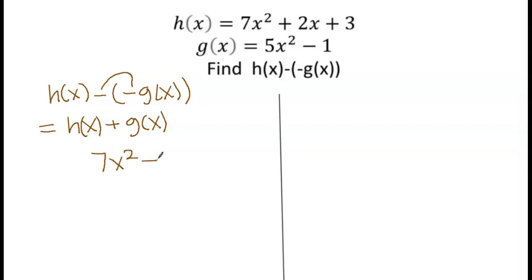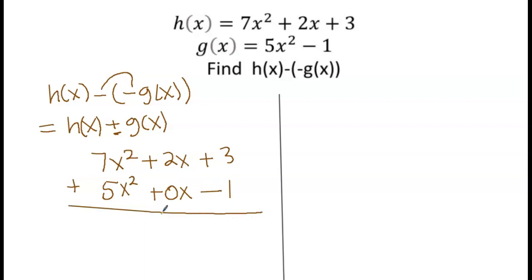7x squared plus 2x plus 3. That's the h of x. And then here is plus 5x squared. Here it doesn't have any value for the x, so you can insert 0 if you want, or you can leave it blank, minus 1.